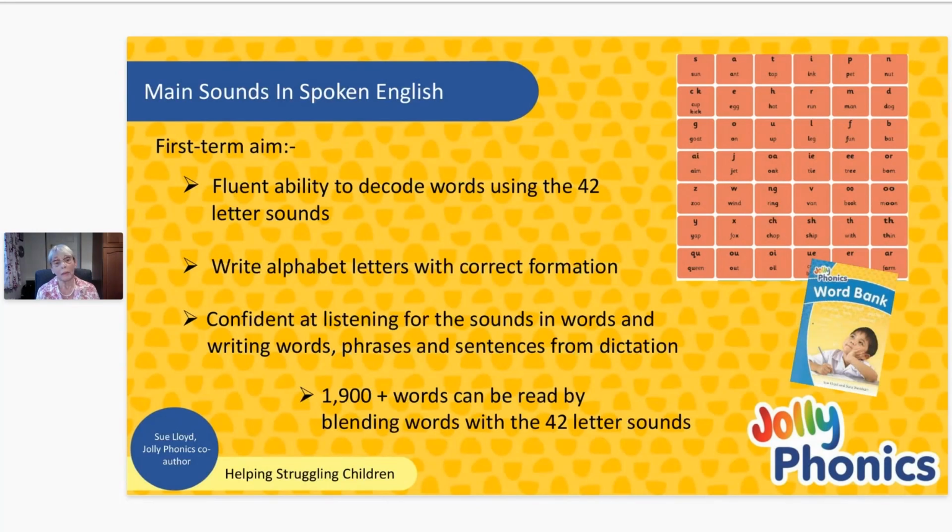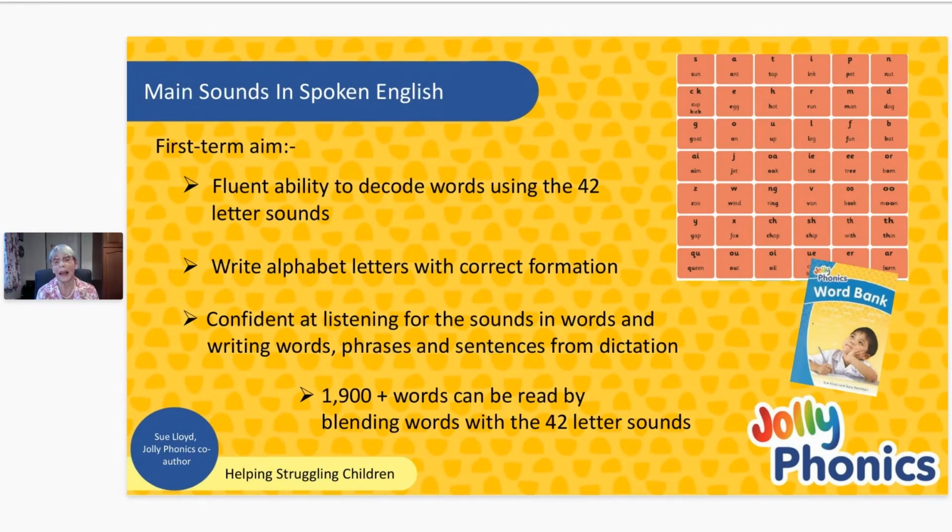You need them to know how to form those alphabet letters correctly, holding their pencil correctly. For writing, they might know the word they want to write, but they've got to be taught to hear the sounds in the words and then to put a letter or letters for those sounds.